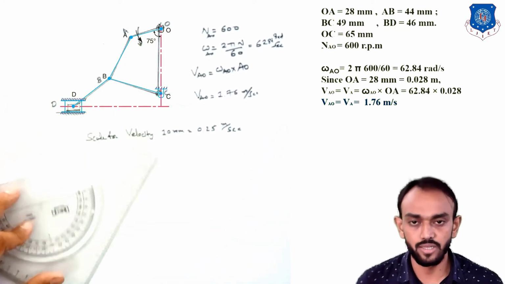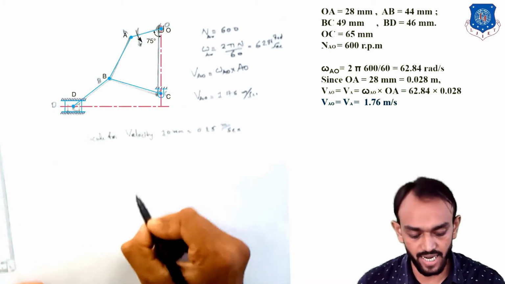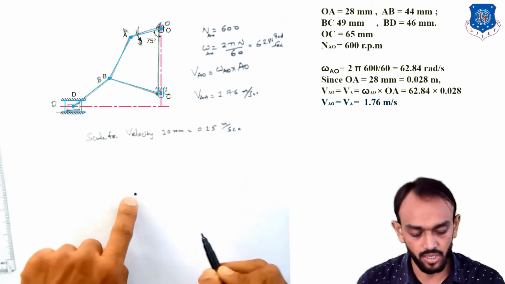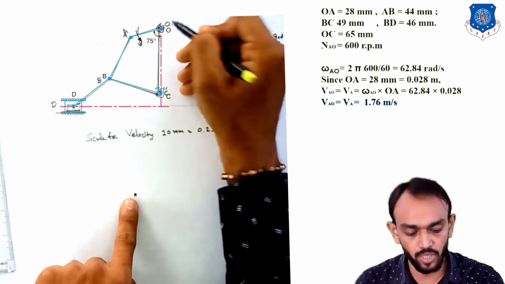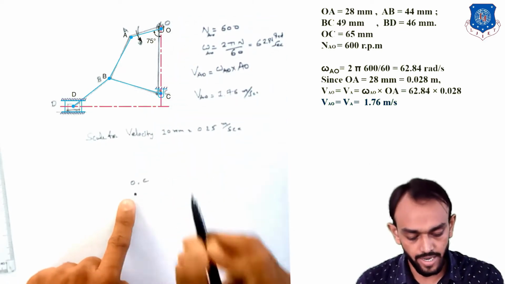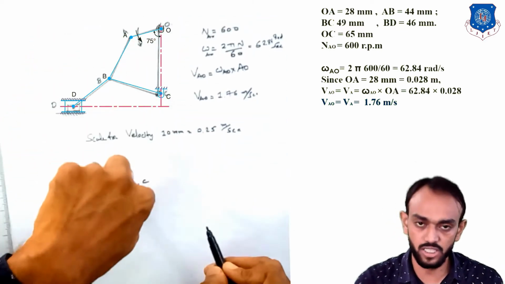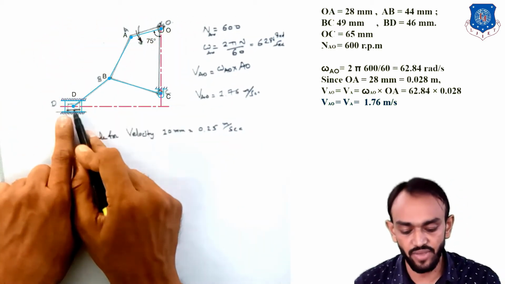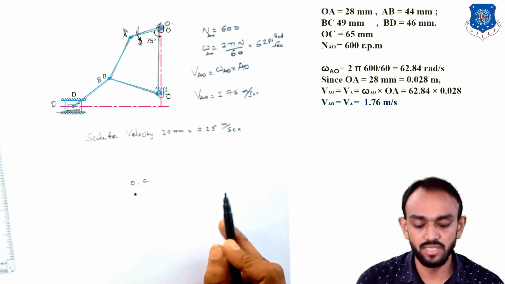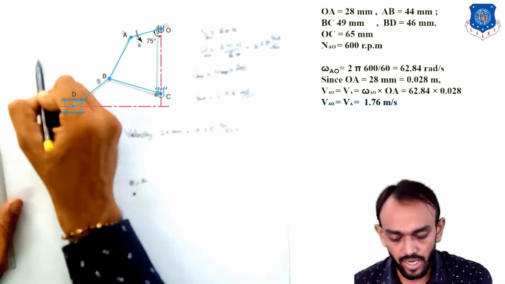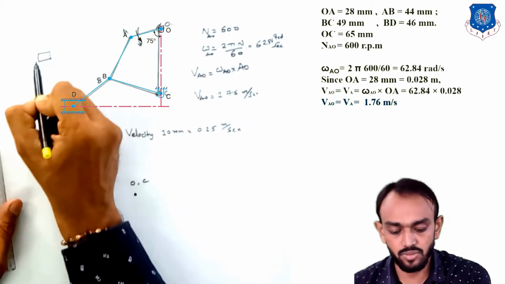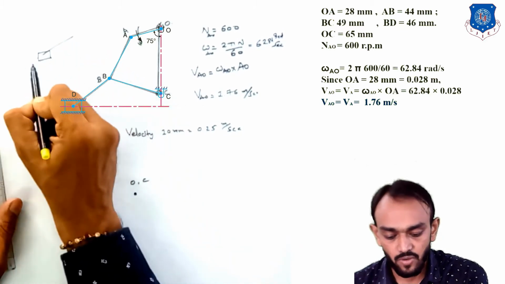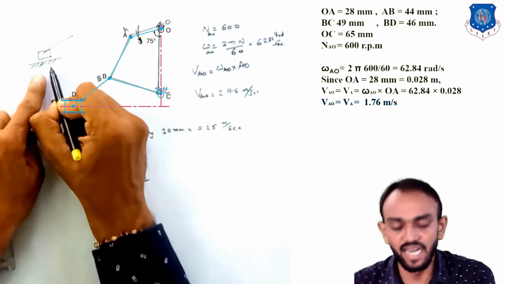So how will you draw this? Remember the first rule is that all fixed points will be on the origin point. Which are the fixed points? O and C. Both fixed points will be on the origin point because they are not moving. Some students are confused here and ask if D is fixed. No. You can see on the screen, in the book sometimes the slider is sliding with respect to the cylinder.